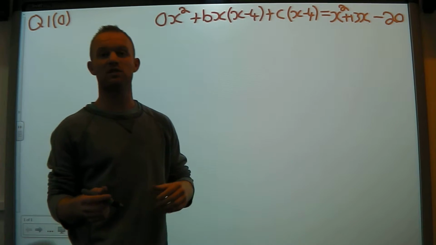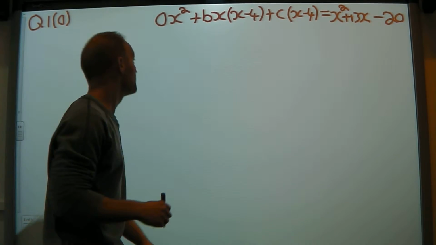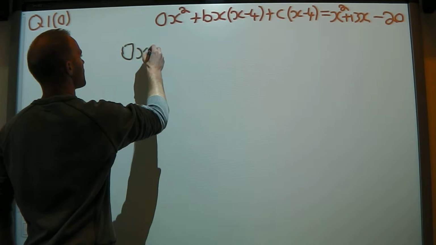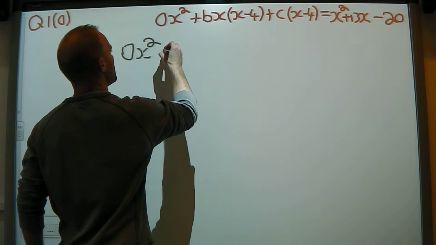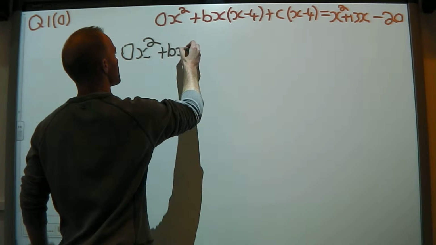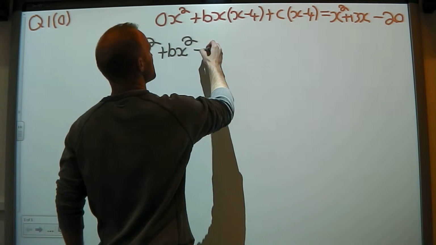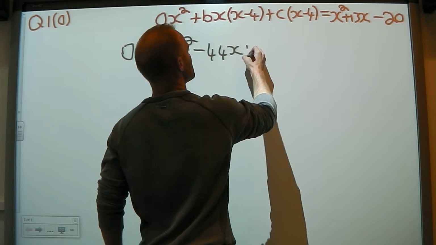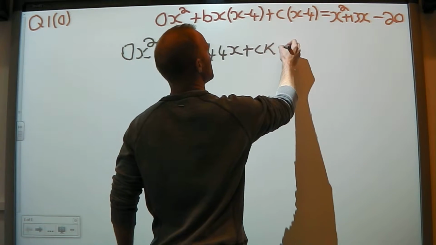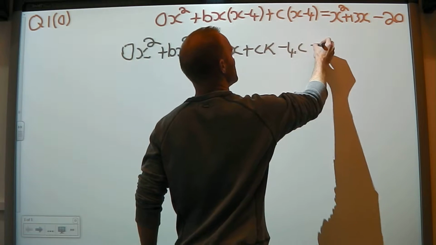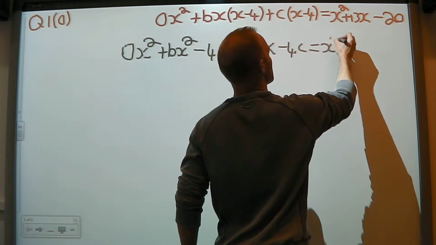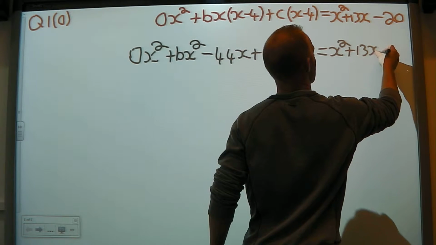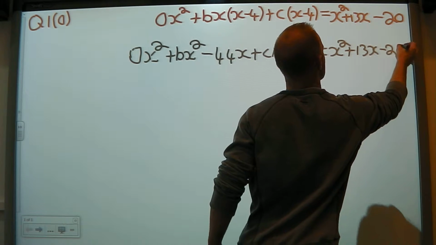So really what we have to do here is just multiply out the terms on the left hand side. So here we have ax squared, plus bx squared, subtract 4bx plus cx minus 4c is equal to x squared plus 13x minus 20.